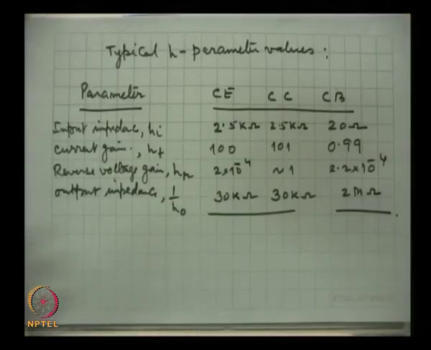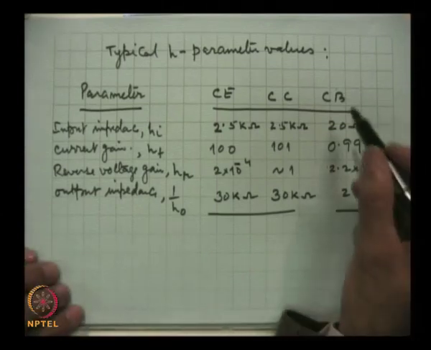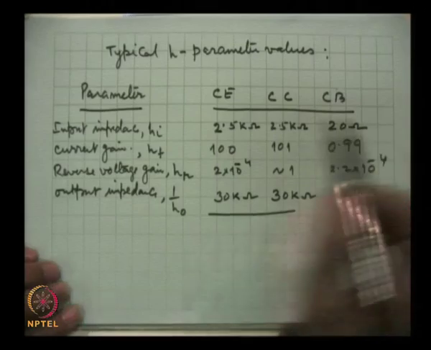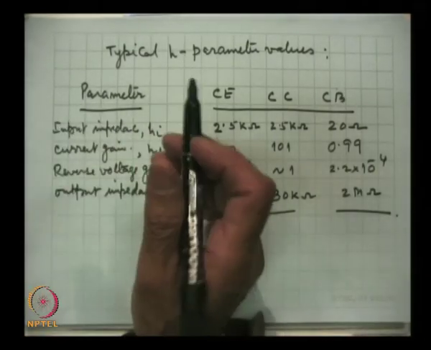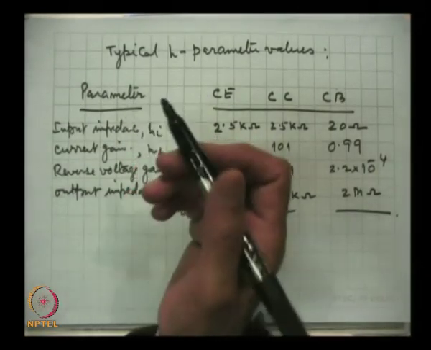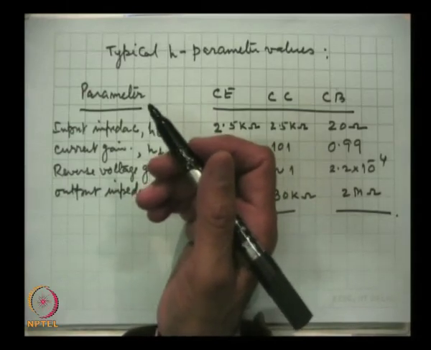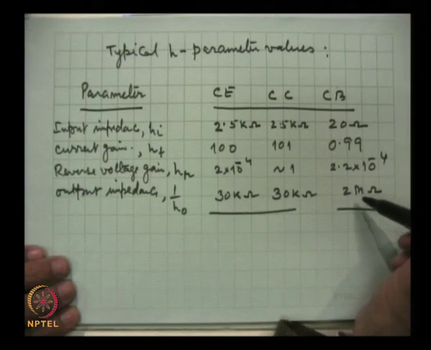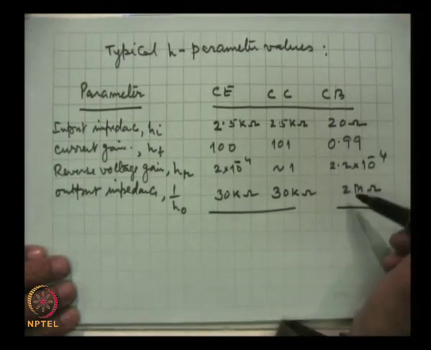So, these are the typical values of H parameters in the 3 circuits. Briefly, we can see that when we cascade, when we use multi-stage amplifiers, which is very commonly done in systems, then these input and output impedances are drastically different.